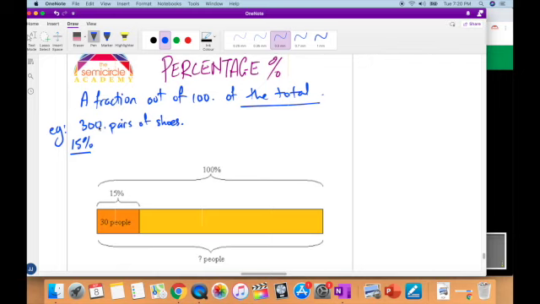Well, she stole 15%, which means that she stole 15 out of 100. Right? So 15% is 15 out of 100. So she stole this fraction of the total. So this is the total here.